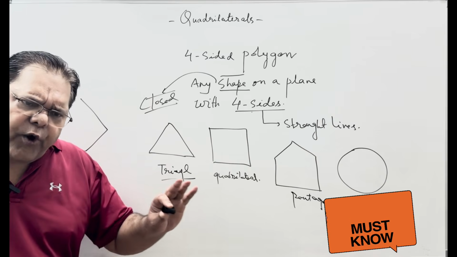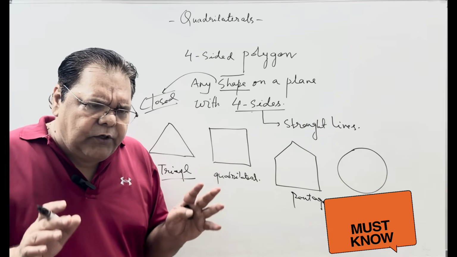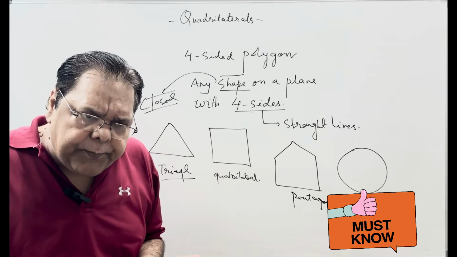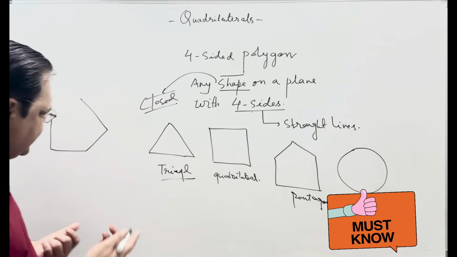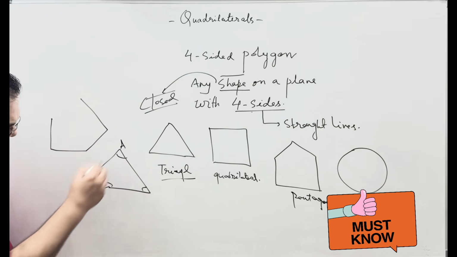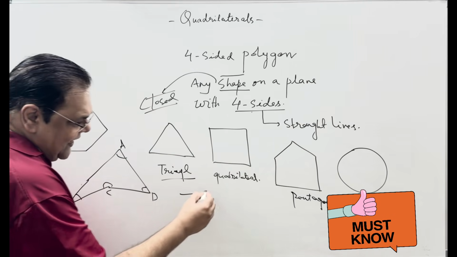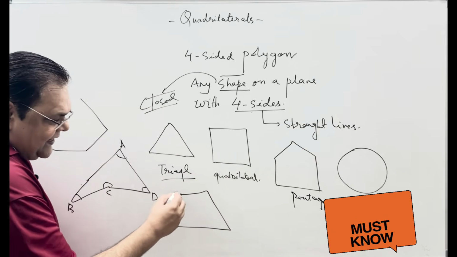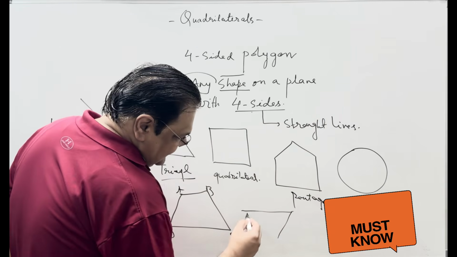So when we say quadrilateral, that shape on a plane should be a closed shape with 4 sides. Any shape. This is a quadrilateral. It has 4 sides, A, B, C, and D. This is a quadrilateral. 4 sides, A, B, C, D. This is a quadrilateral.